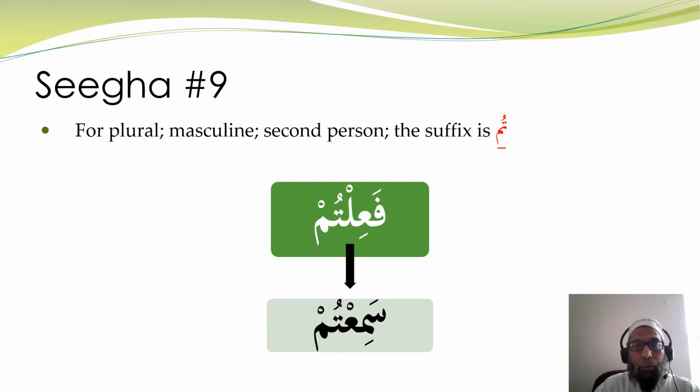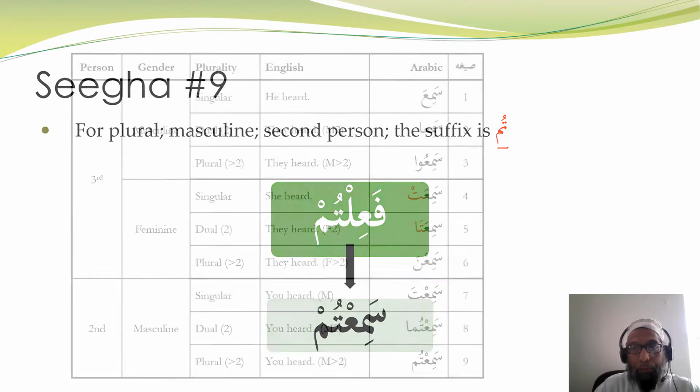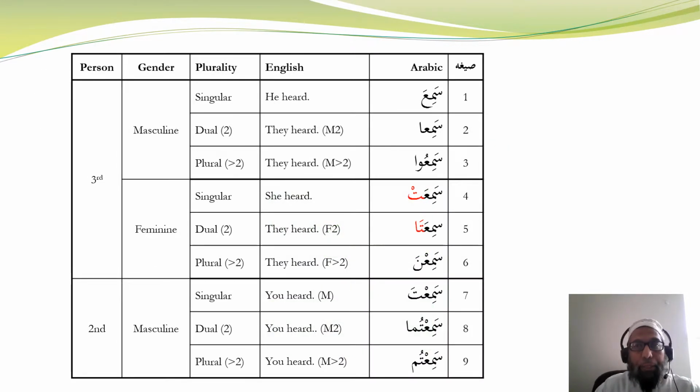The suffix is tum. Sami'tum on the pattern of fa'iltum. Again: sami'a, sami'a, sami'u, sami'at, sami'ata, sami'na, sami'ta, sami'tuma, sami'tum.